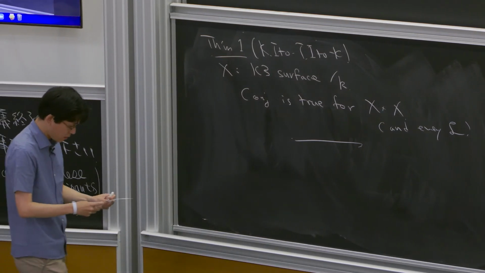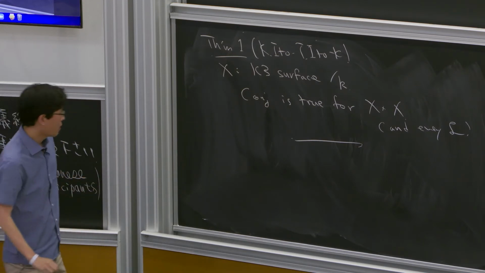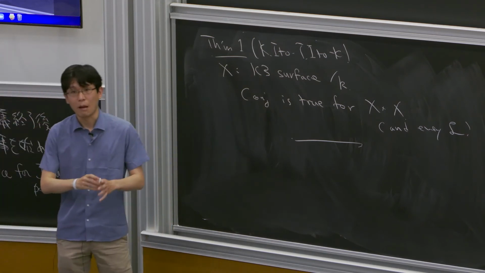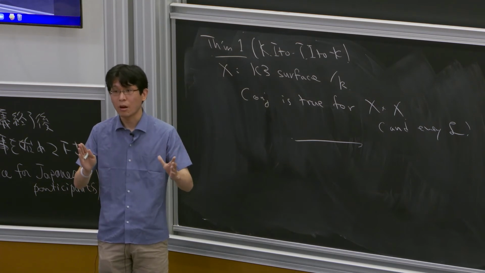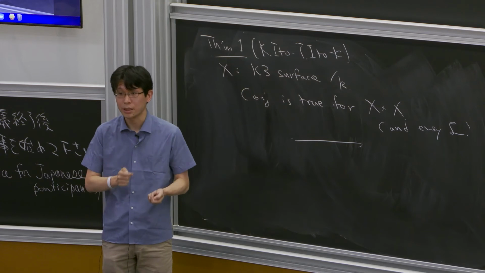Okay, so maybe I should have mentioned the Lefschetz standard conjecture. There are two important standard conjectures, and the Hodge standard conjecture is one of them. And there is another, the Lefschetz standard conjecture.